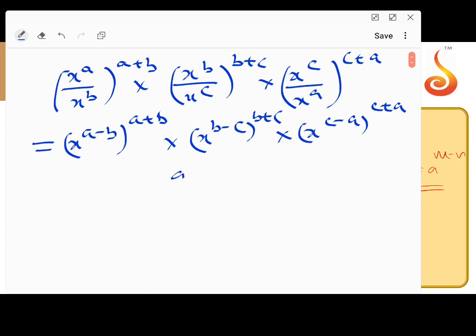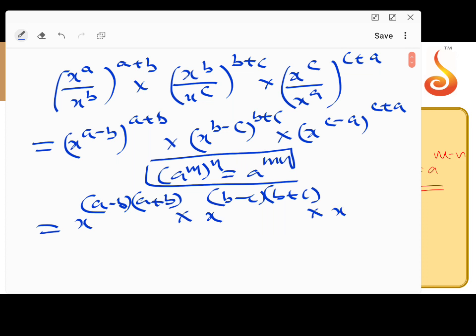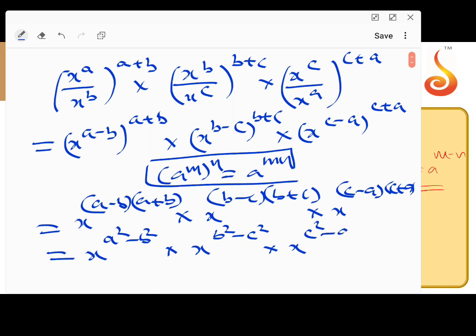Now we can use the identity (a^m)^n = a^(mn) for each term. This gives x^((a-b)(a+b)) times x^((b-c)(b+c)) times x^((c-a)(c+a)). So this gives x^(a²-b²) times x^(b²-c²) times x^(c²-a²).